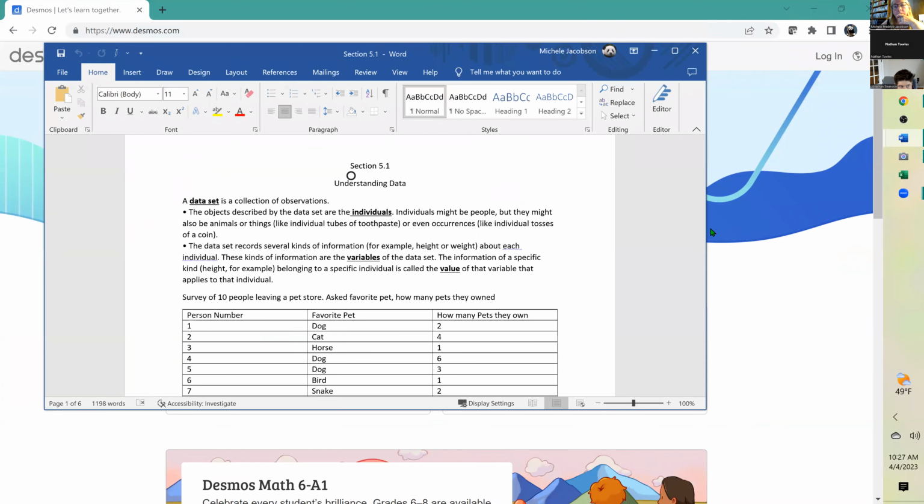I'm going to go to the data. It's this one. And get rid of the period here. Okay.